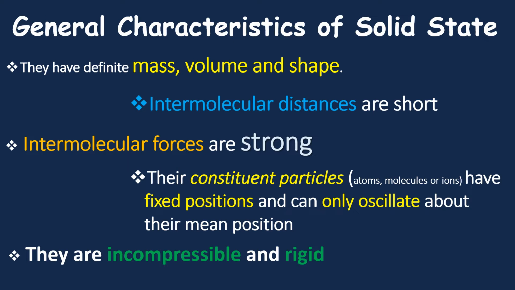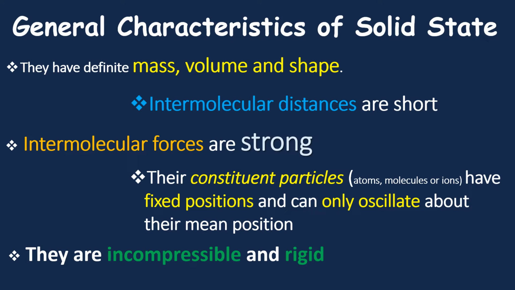And at the same time, the intermolecular forces are so strong. That means the particles in the solid material are closely packed. They are arranged in a continuous order. Their constituent particles have fixed positions and can only oscillate about their mean positions.